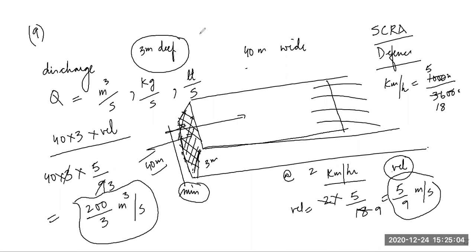Discharge is meter cube by second. What must be multiplied by meter cube by second to get meter cube? Meter cube by second must be multiplied by time. So that second will cancel and ultimately you will get meter cube.